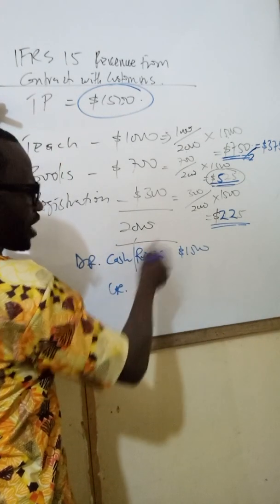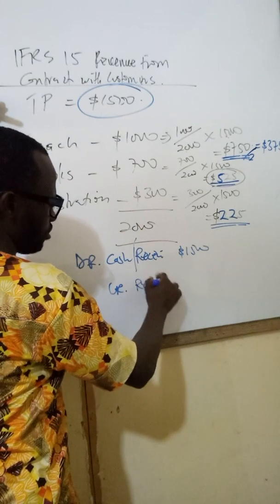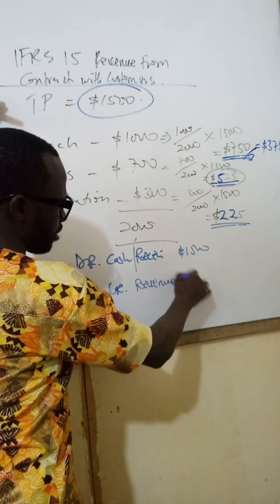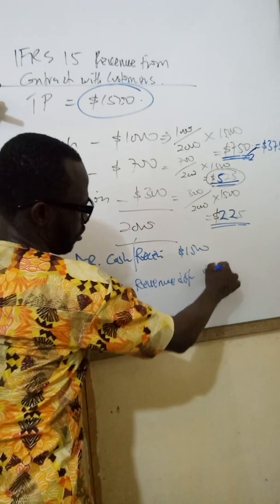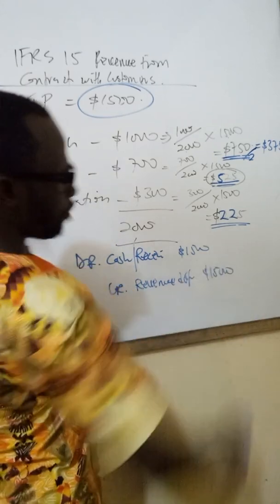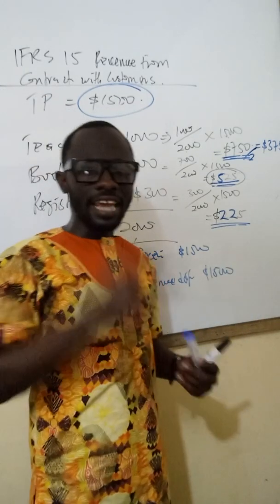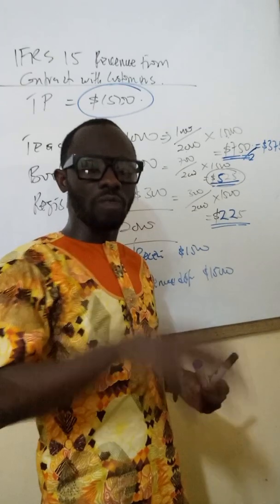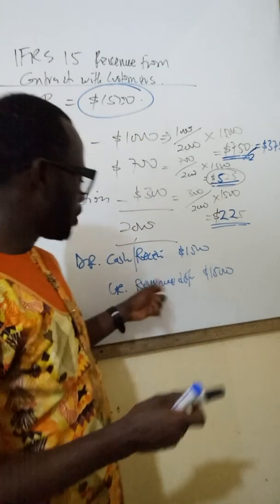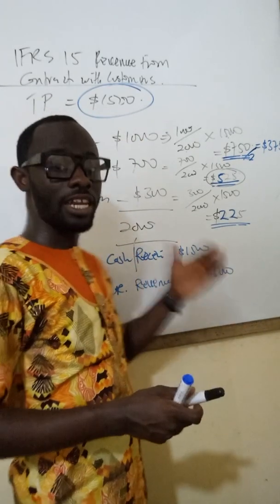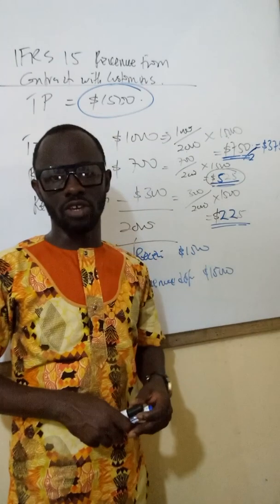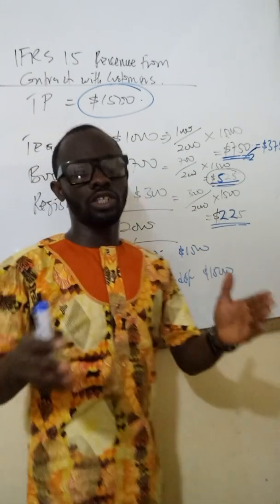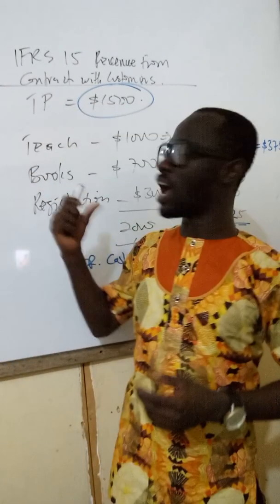And then we can credit the deferred revenue account. We're not recognizing it yet. Then as and when a performance obligation is undertaken, we will debit this account and credit our sales or revenue account for the year. So this is what you need to understand about IFRS 15.